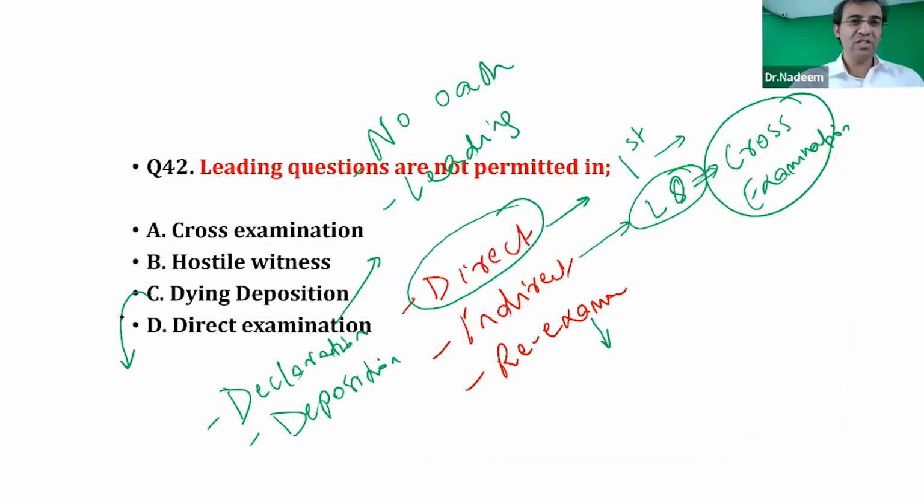Suppose in a case of multiple myeloma, the doctor says you have only 7 to 10 days. Now he wants to declare and divide his property, so he invites a magistrate. Dying deposition will be recorded only by a magistrate. Here oath will be taken and leading questions can be asked. So during dying deposition, leading questions can be asked for sure. Fine now? In India, we are practicing dying declaration.